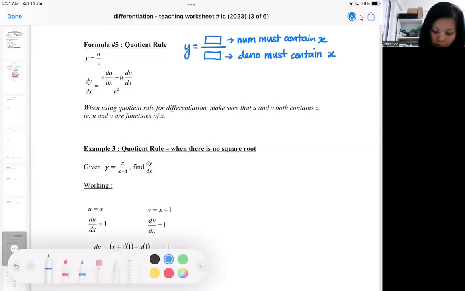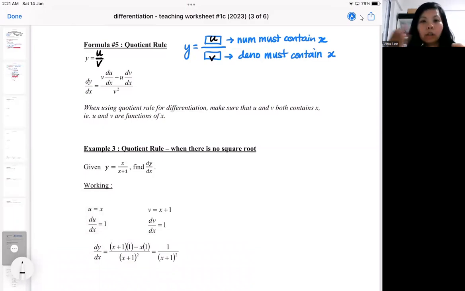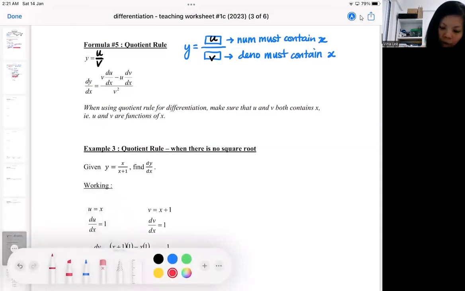In this case, the numerator is called u, the denominator is called v. So don't change the formats, otherwise you'll get confused. The quotient rule is a bit complex. The quotient rule on its own has already got a fraction.